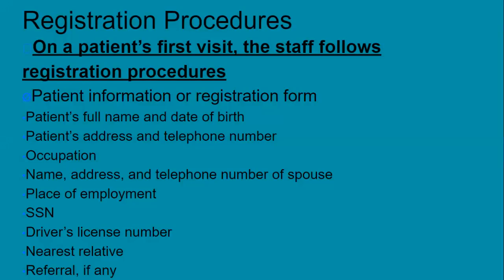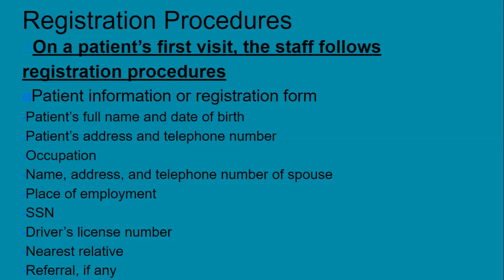The registration process or registration procedures. On a patient's first visit, the staff follows a registration procedure. Okay, so we're going to talk about that. Patient information or registration form is the patient's full name and date of birth, the patient's address and telephone number, the occupation, the name, address, and telephone number of spouse, if applicable, the place of employment, social security number, driver's license number, the nearest relative, and referral, if any.